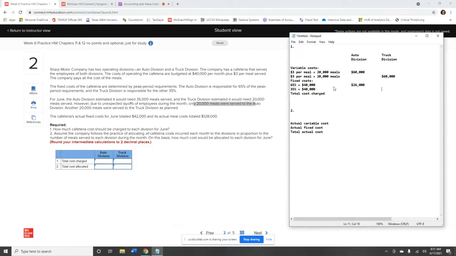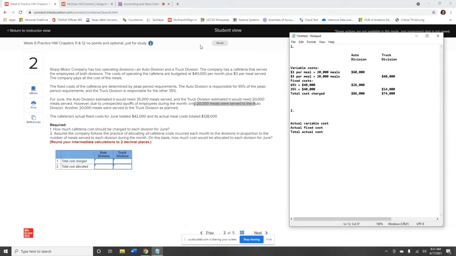So 40,000 times 0.35 is equal to 14,000. So when we add our columns, auto division is going to get charged $86,000, and truck division is going to get charged $74,000.